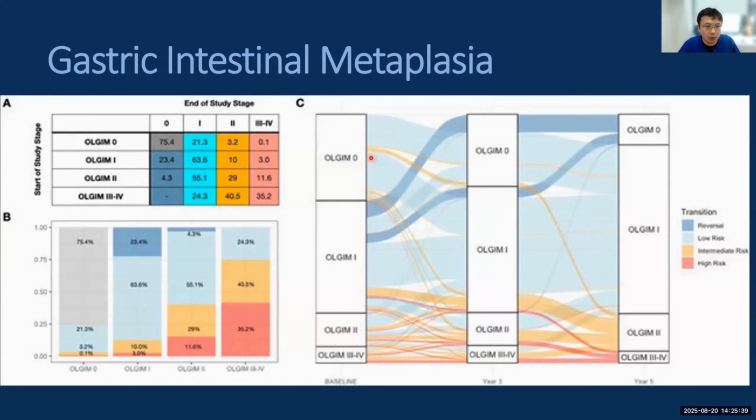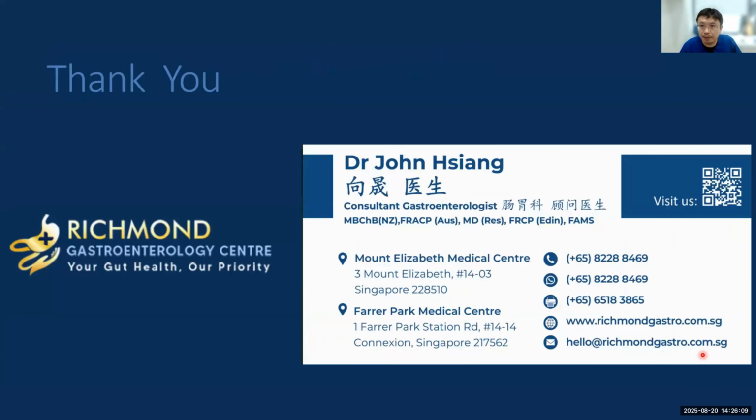As you can see, when you stage them into different stages, at baseline, year 3, and year 5, a proportion of patients do progress to higher stages as time passes. These are determined by several things, for example, the nature of the intestinal metaplasia, whether they smoke, whether they are older, whether they have a family history of stomach cancer. Okay, thank you very much.